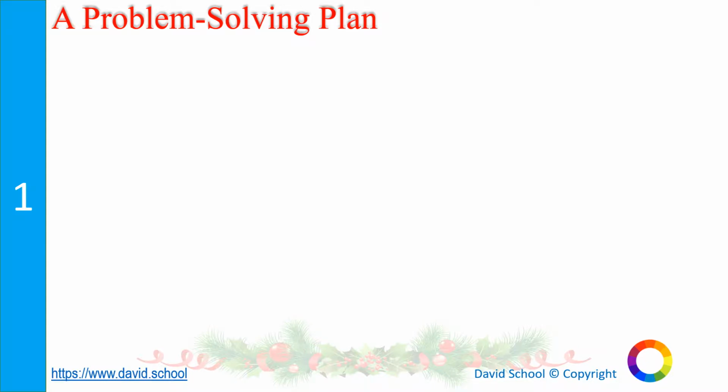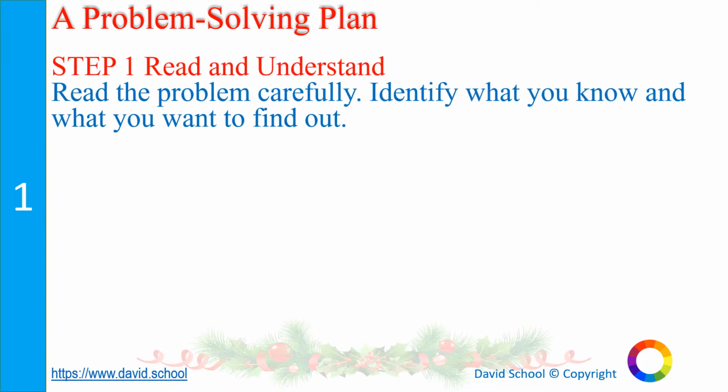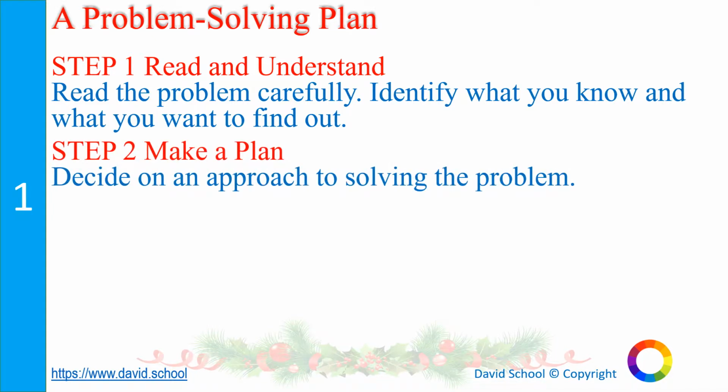In this problem solving plan, the first step is read and understand. When we see a problem, we read it carefully and identify what is given and what we have to find. After understanding the problem, we make a plan to solve it.